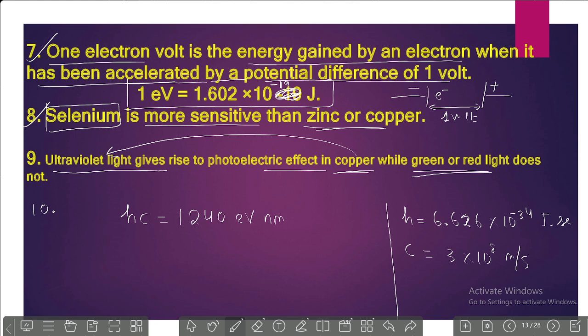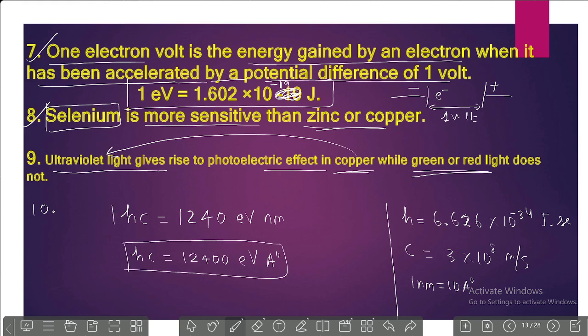So I'm directly writing here 1240 electron volt nanometer, or hc you can also take as 12,400 electron volt angstrom, because you know 1 nanometer is 10 angstrom. So these values you can remember and use, if angstrom or nanometer unit is given.